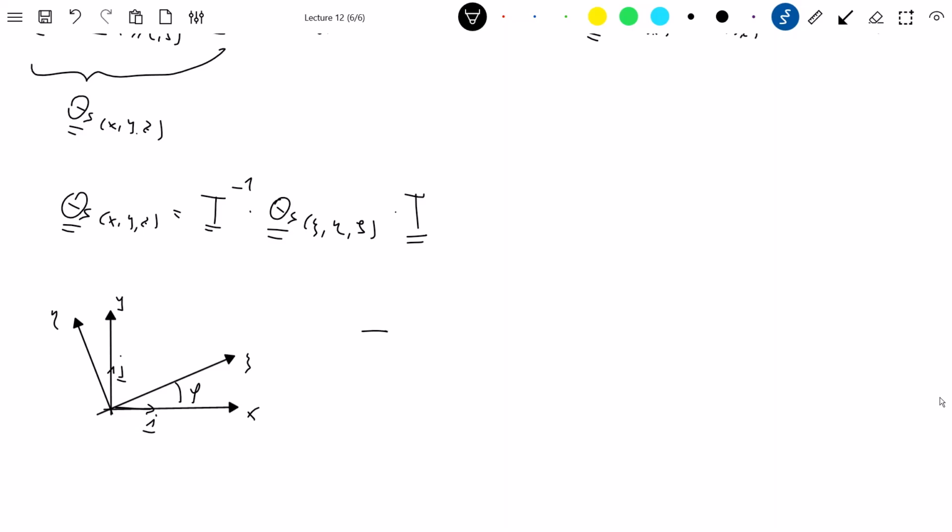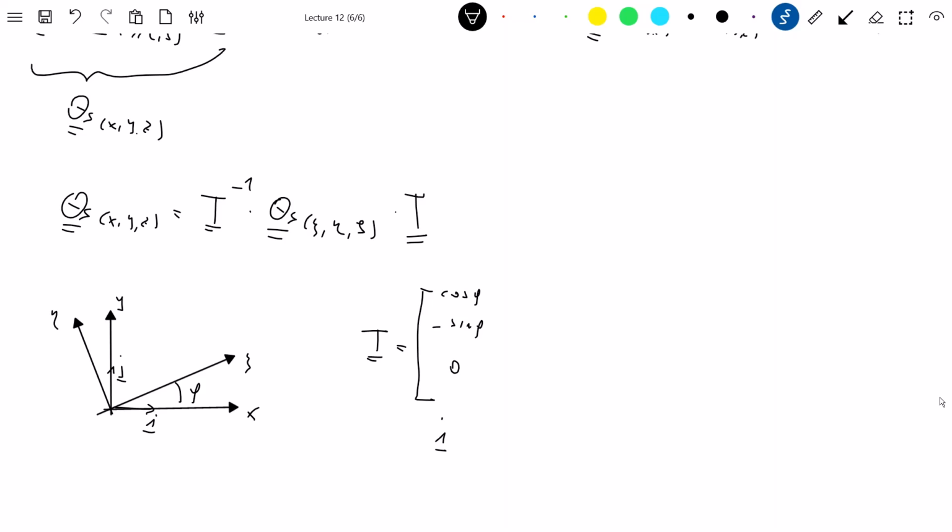Then the matrix T can be written by writing, so here we have the coordinates of the i versor, which in ψ is cosine φ, and in η we have minus sine of φ, then 0.